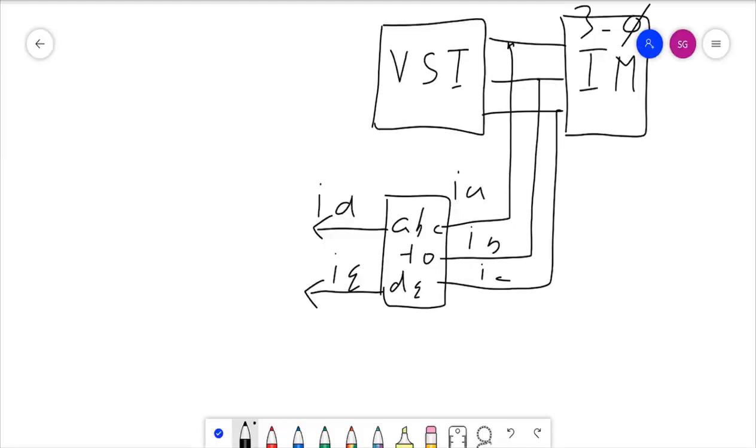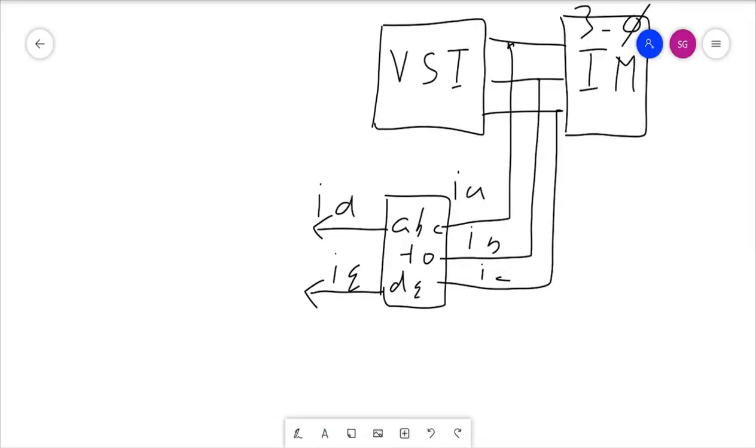Now these ID current and IQ current will be regulated at a reference current. So from where will this reference current come? The reference current will come from the speed controller, as it was in the DC machine control logic.